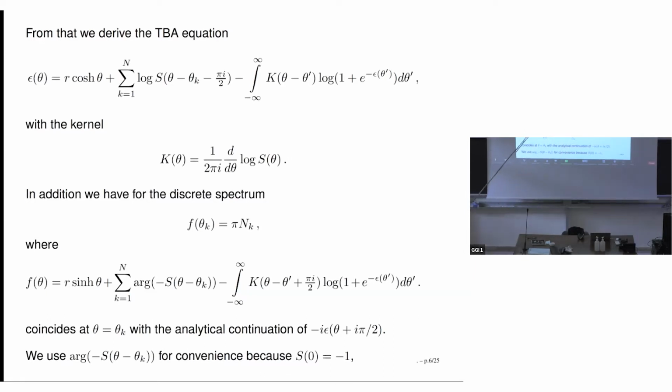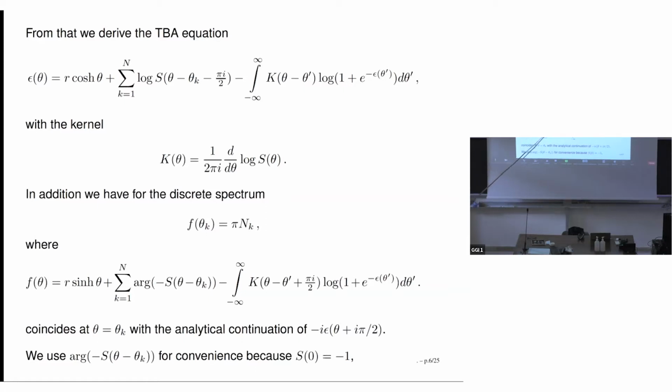K here is the logarithmic derivative of S. Additional equations are for rapidities of these particles here, or, I don't know, let's call them particles. So they are like this. These are integers. And F is something. So then you have this system of equations.